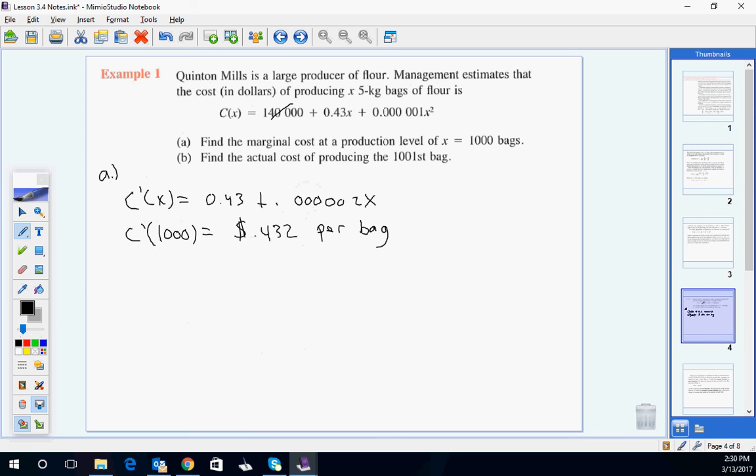So we're going to do the one after, so we're doing C, just regular C, of 101. We're going to calculate that from the original function, and when you do that, you end up getting the same thing, which is just proving the derivative works.